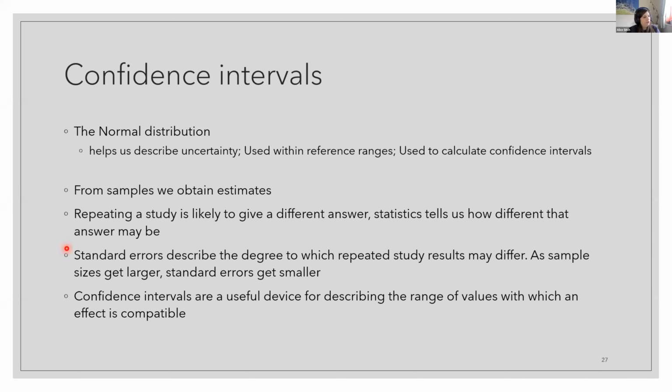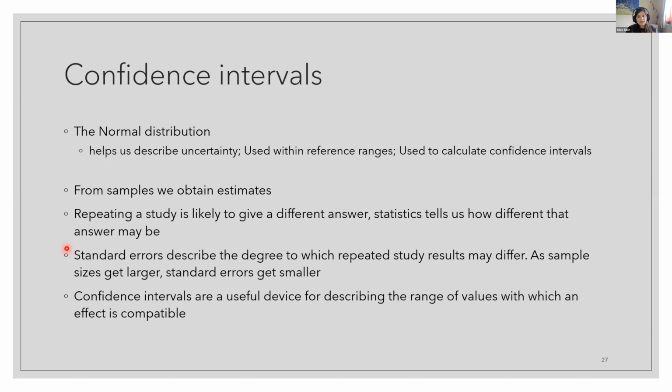So an extra note on confidence intervals. They rely on the normal distribution. They help us to describe uncertainty. You may have seen them used with reference ranges, but they're also used with confidence intervals, which is what we're going to focus on for today. So when we take a sample for a study, we want to obtain an estimate on that sample.